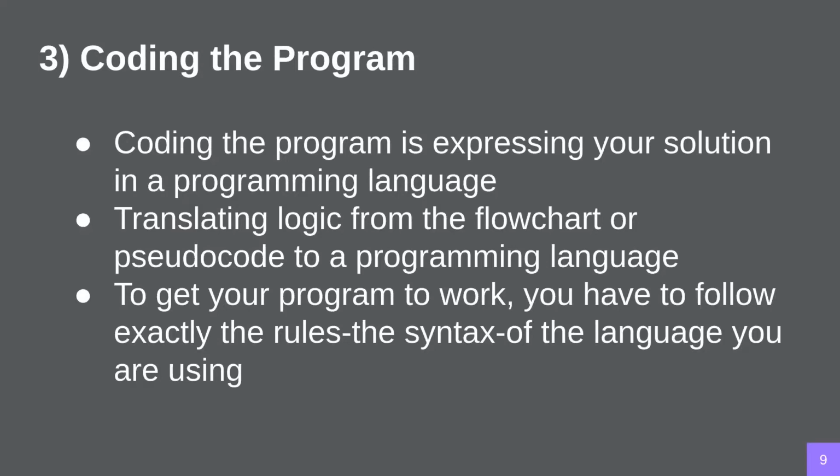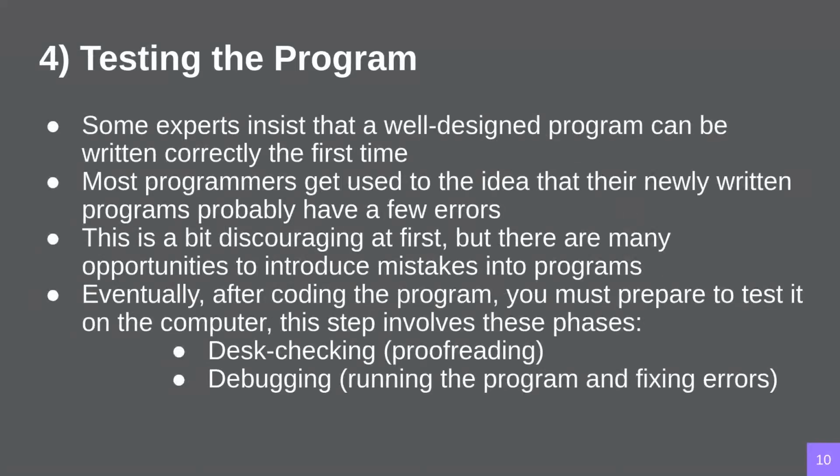It would be up to you. If you had the planning documents, the pseudocode, the flowcharts, you could go away and then convert those into running code. Now, to get this to work, you'll have to follow exactly the rules of the syntax of the language that you're using.